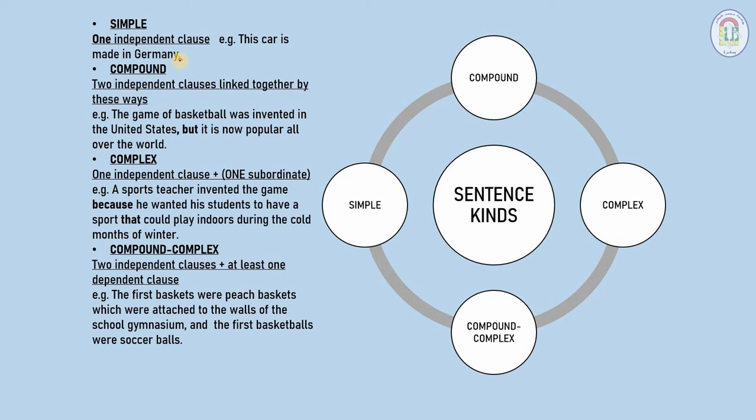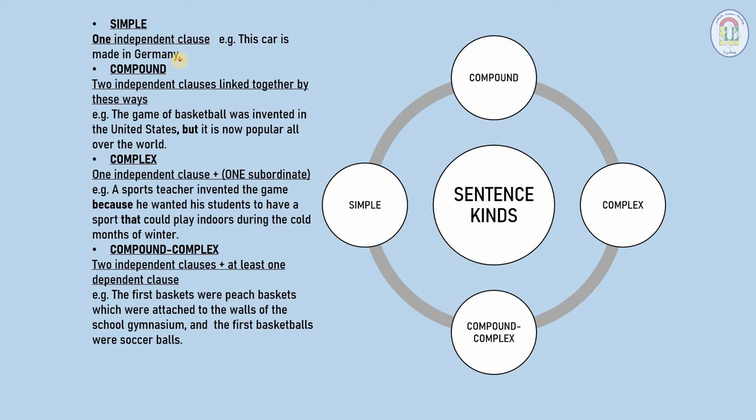The compound is two independent clauses linked together by what we call the coordinating conjunctions, that are mainly called the fanboys. We have seen them in the lesson of conjunctions, normally lesson number 8. We have seen the different coordinating conjunctions, and the correlative conjunctions too.